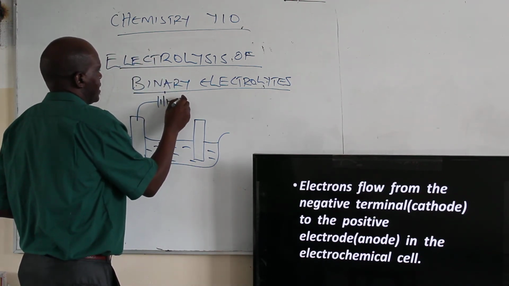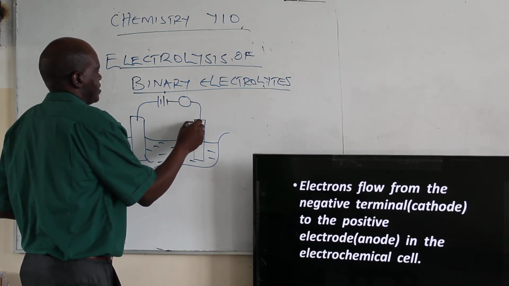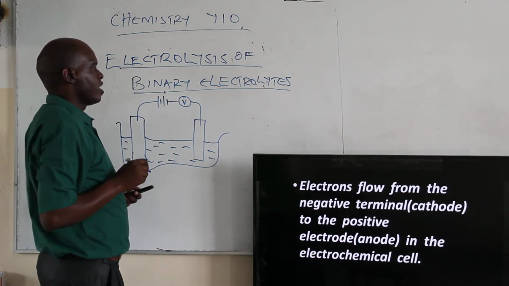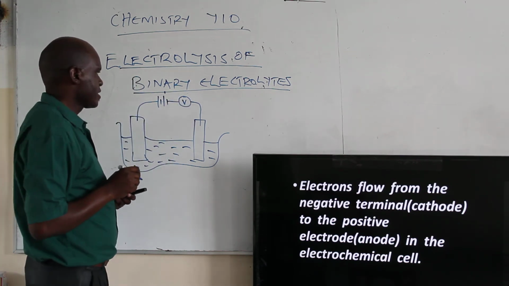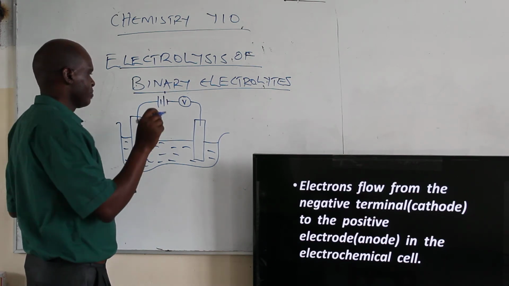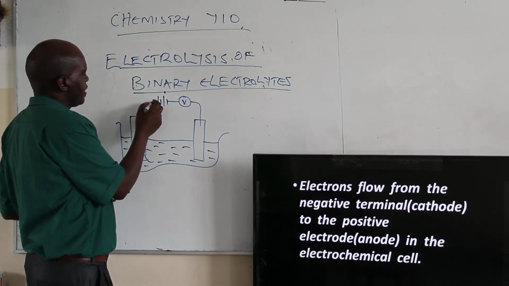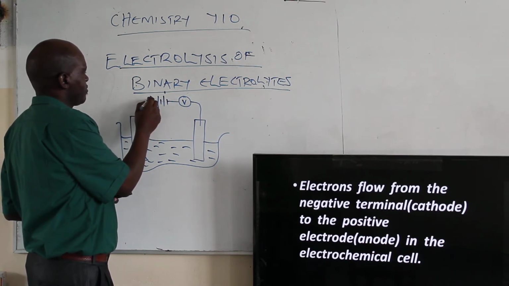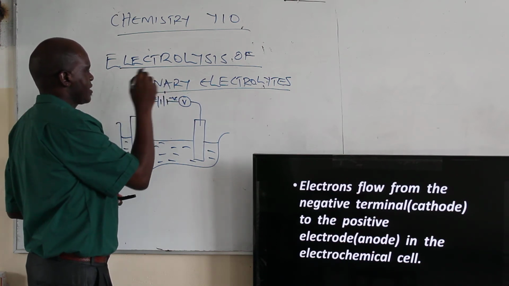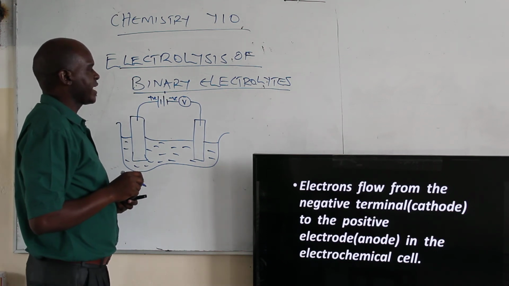And then there is a sensor. It's either a voltmeter or a galvanometer, or sometimes we use a bulb, the normal bulb, such that we have this part of the cell being the positive side, and then this other part of the cell being the negative side. So we're saying that the electrons flow from the cathode.